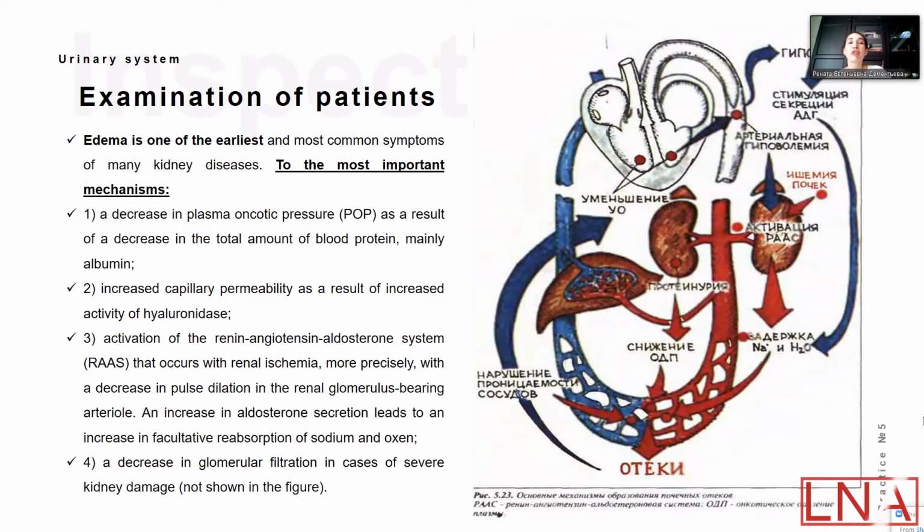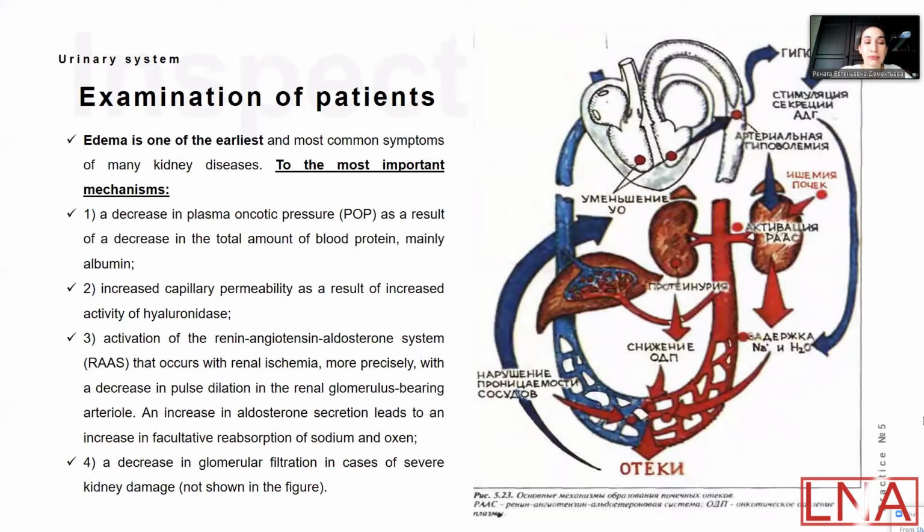About examination data, edema is one of the earliest and most common symptoms of many kidney disorders, and the most important mechanism of development of edema is a decrease in plasma oncotic pressure, as a result of a decrease in the total amount of the blood proteins, including albumin. Next, increased capillary permeability, as a result of increased activity of hyaluronidase.